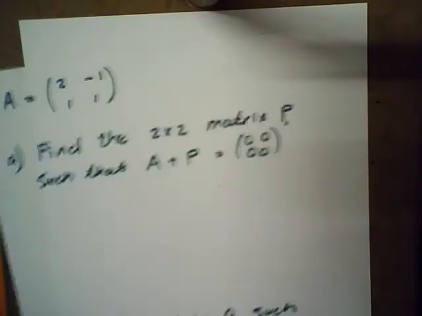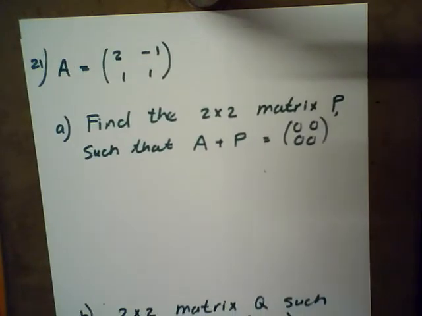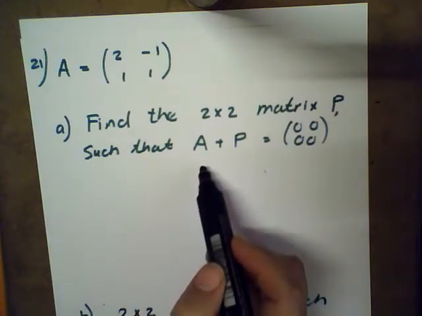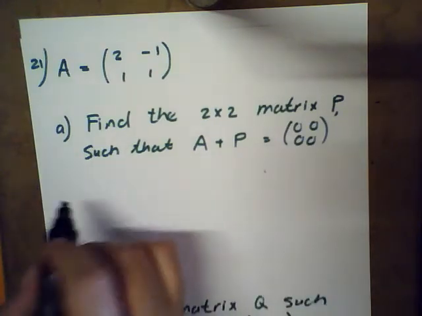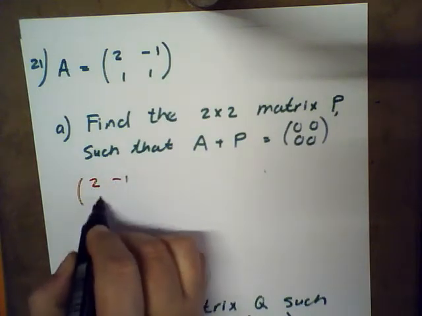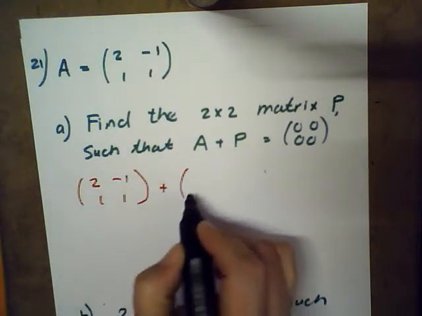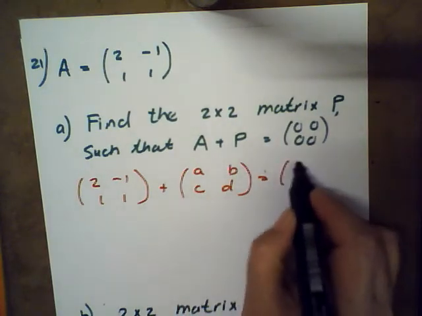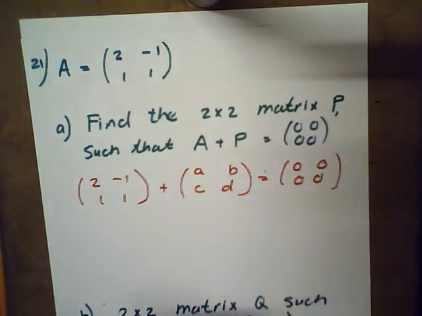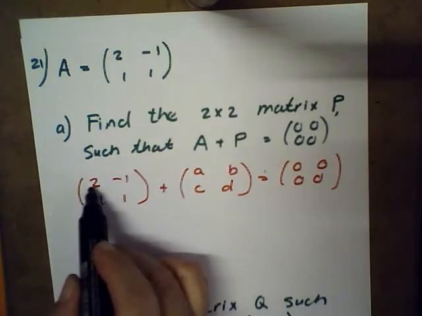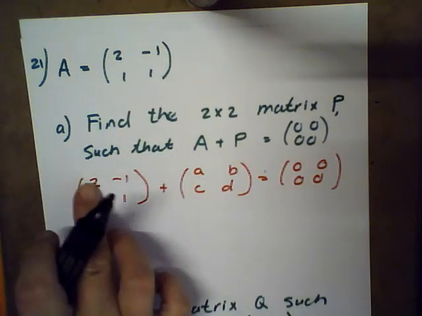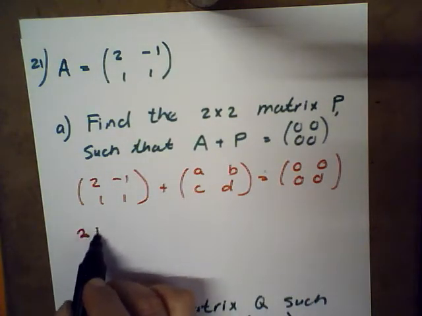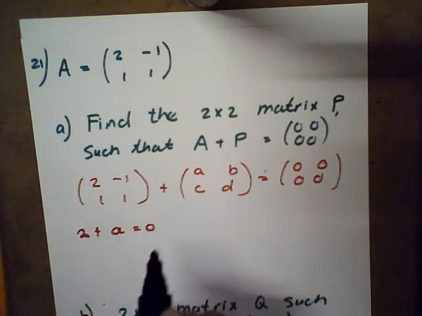Good. The next one is about matrices. Find the 2 by 2 matrix P such that A plus P would give us 0, 0. So A is 2, negative 1, 1, 1, plus P, which we can just call a, b, c, d, would give me 0, 0, 0, 0. By matrix addition, I can just add each of those together. So we'll make 4 little equations. 2 plus a equals 0.